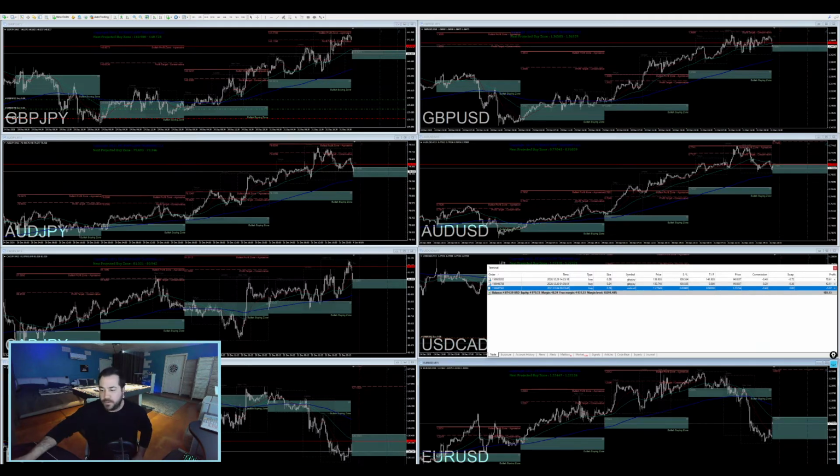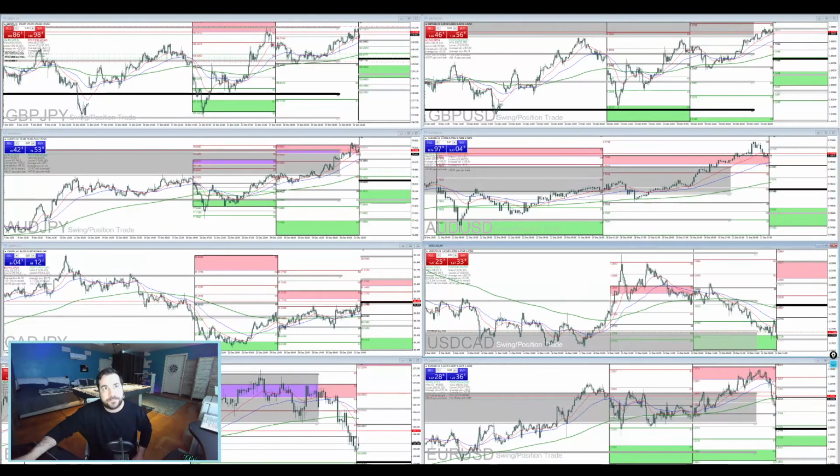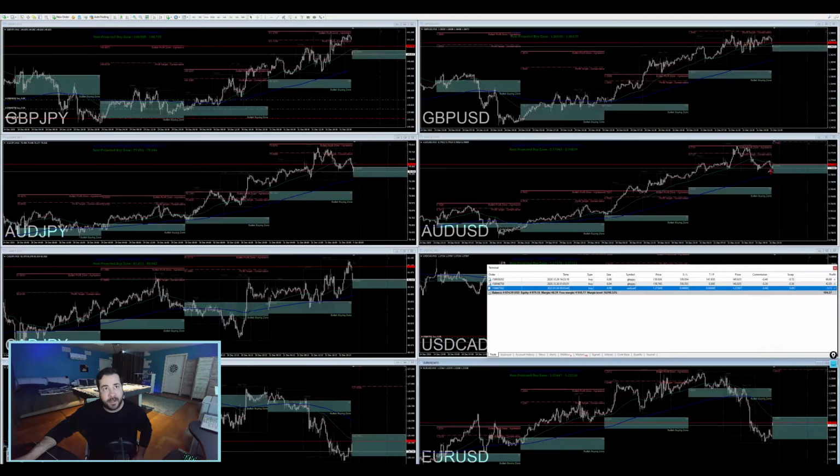So what I want to do is place that alert for the Australian. I'm going to place it just above where price action is right now, right up in here. Alert, and that's going to be a swing trading alert. Modify. Okay, into my swing trading alert document.